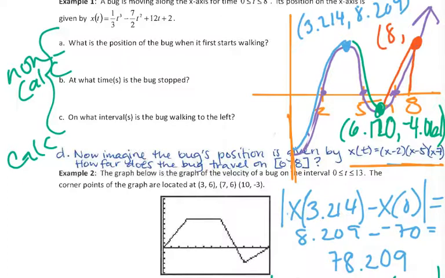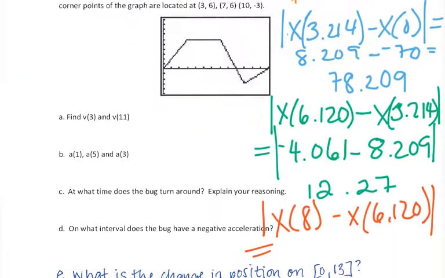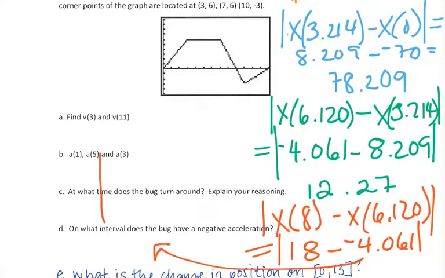And this is at 18. So down here, this is going to be the absolute value of 18 minus negative 4.061. So that gives us a distance of 22.061.